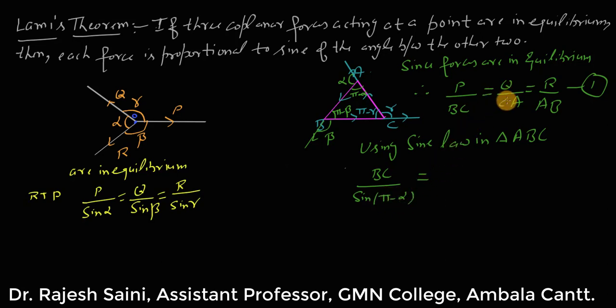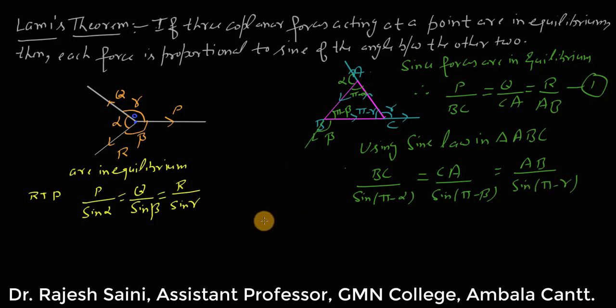And now take CA, so as to maintain the symmetry, CA over sine of the angle opposite to CA, sine pi minus beta. And next you will take AB, and opposite is sine of pi minus gamma. This is sine law.